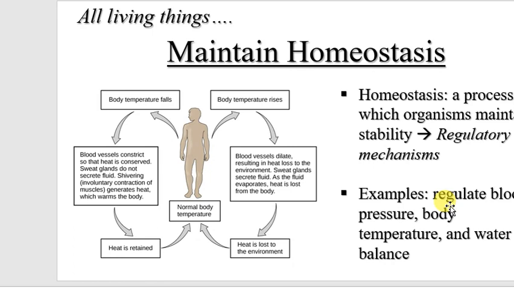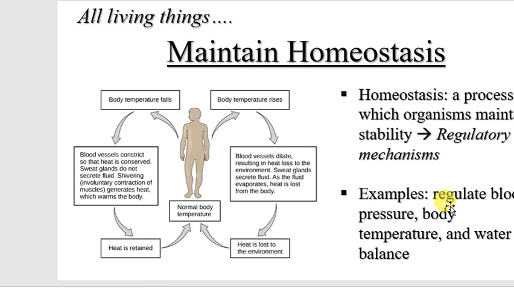Usually it's an internal change. So in order to maintain homeostasis, organisms must be able to regulate. Regulate meaning the ability to adjust internal body functions to accommodate environmental changes.